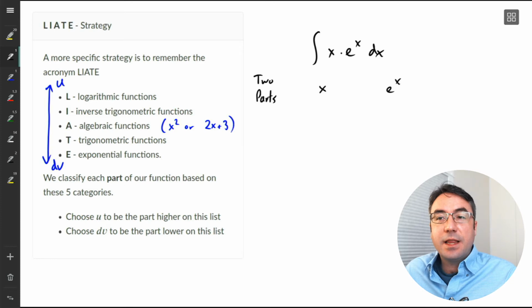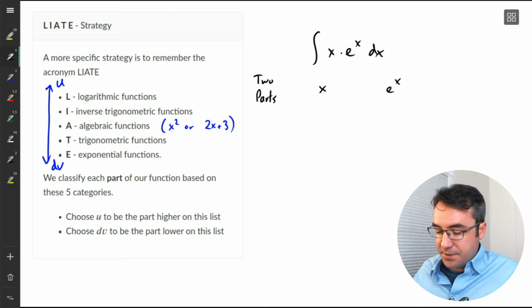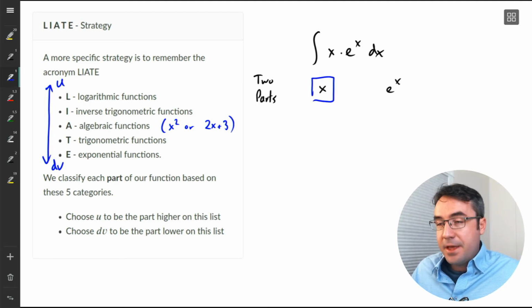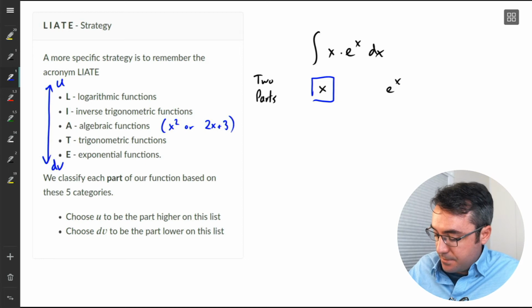And then we classify each of those parts of our function into one of these 5 categories. So if I were looking at this x term, that's a polynomial. That's a power function. That's an algebraic function.